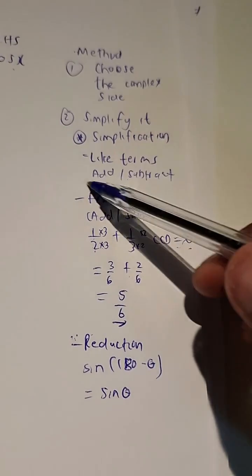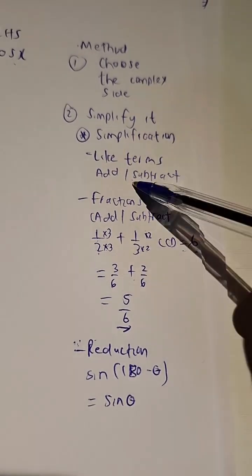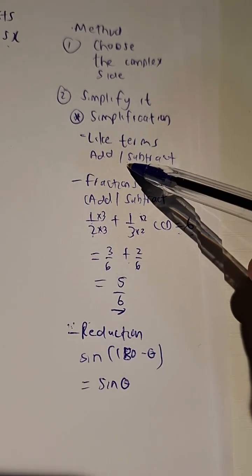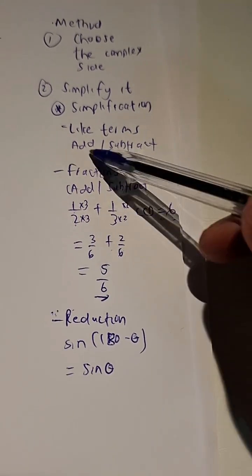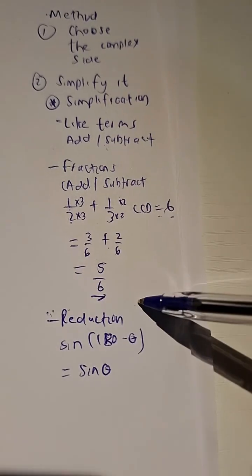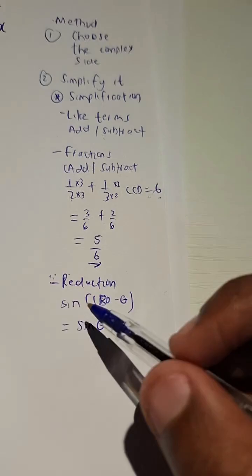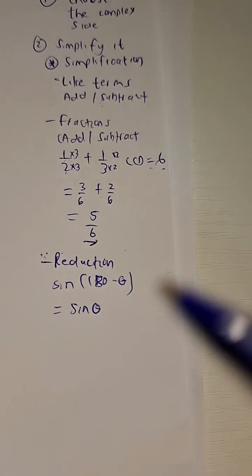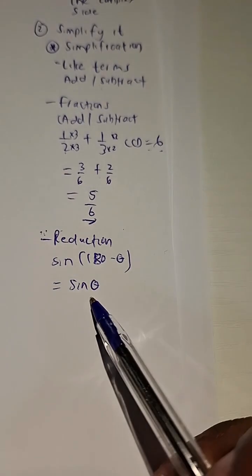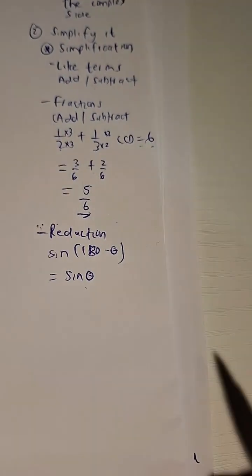All your algebraic skills that you learned about addition and subtraction of like terms need to come to the front. All your skills with regards to addition and subtraction of fractions need to come to the front. Reduction, you need to know how to reduce function values and co-ratios.